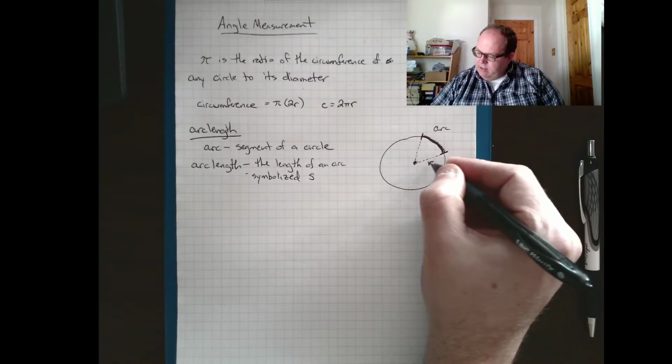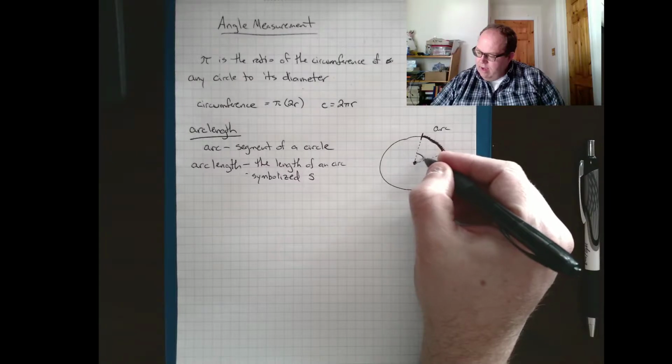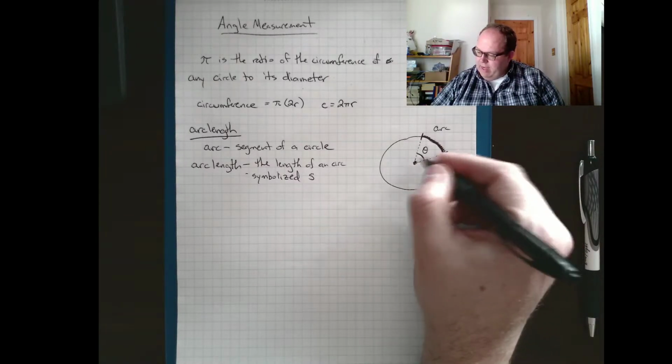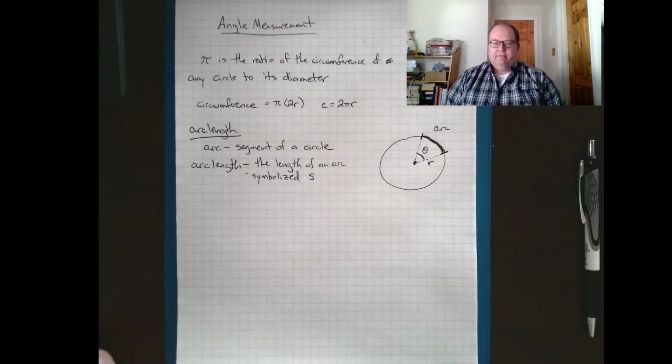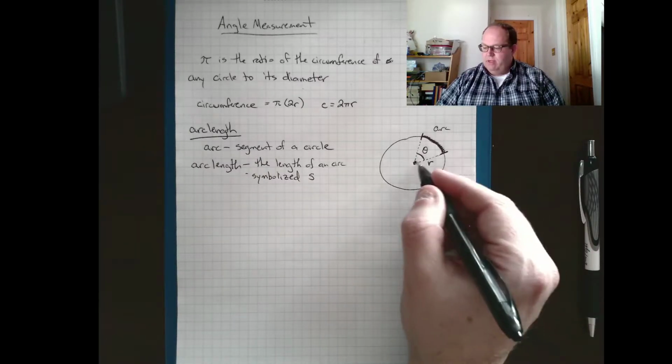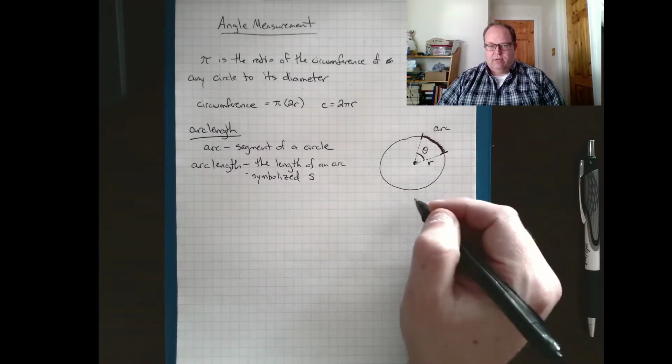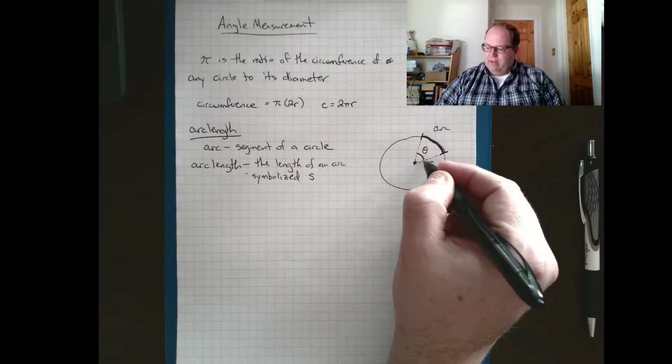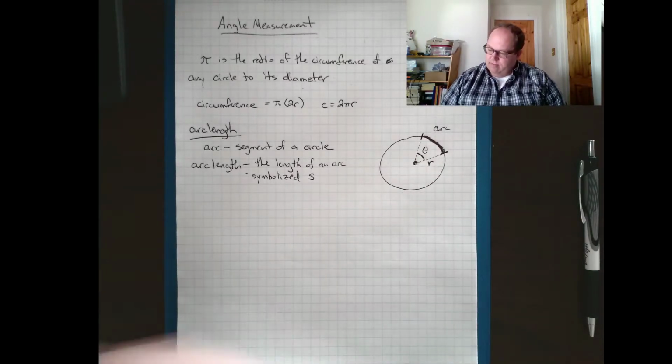I've got some radius of a circle, and the arc has been created by two radii forming an angle theta. A couple of things that I can say. The bigger r is, or the bigger the radius is, the bigger that arc length will be. And the bigger that angle is, the bigger the arc length will be.